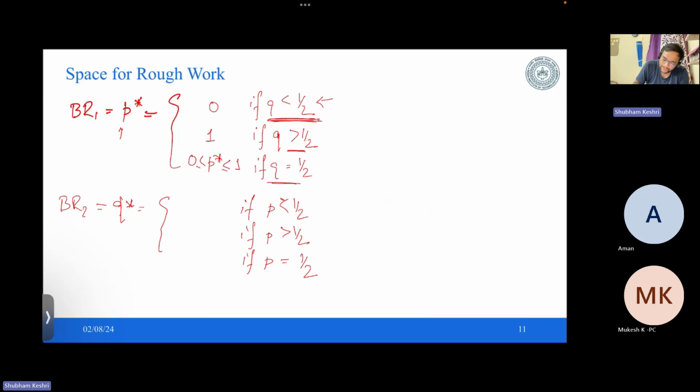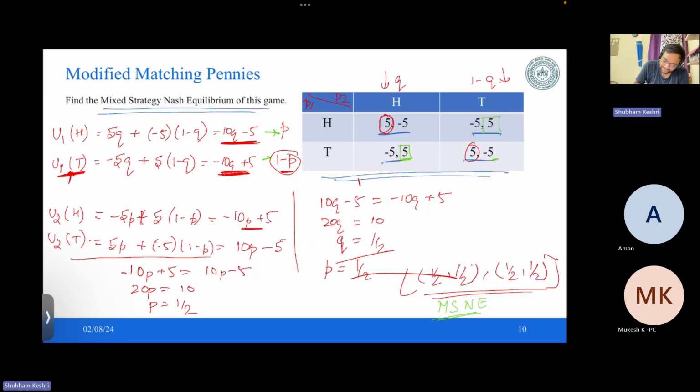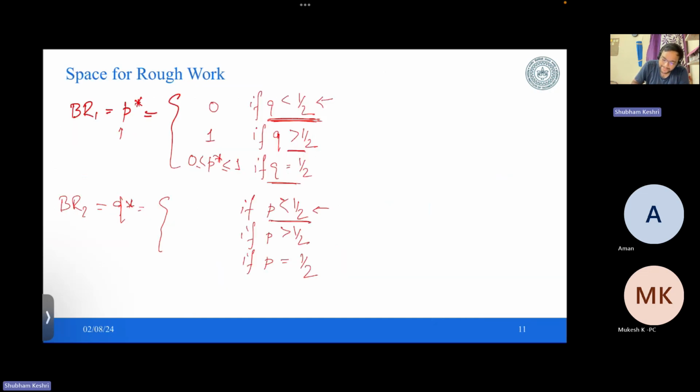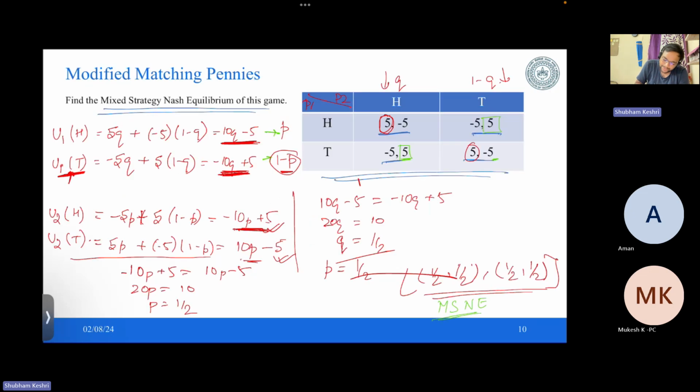The same will be for player 2 also. Let us quickly do that. When P is less than half, let us take 0. So this will become positive and this will become negative. Then player 2 will play heads, that is, Q is 1.